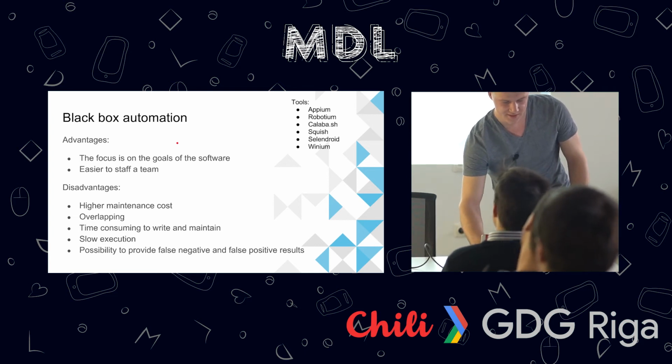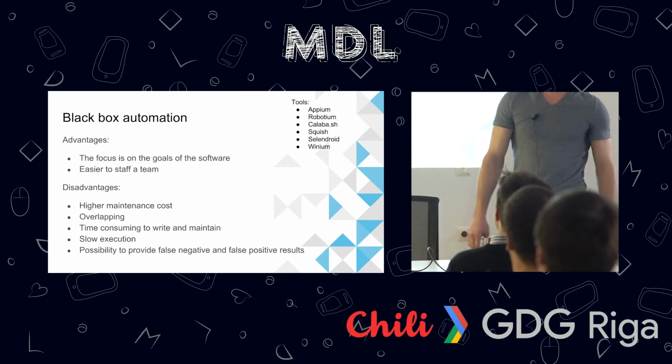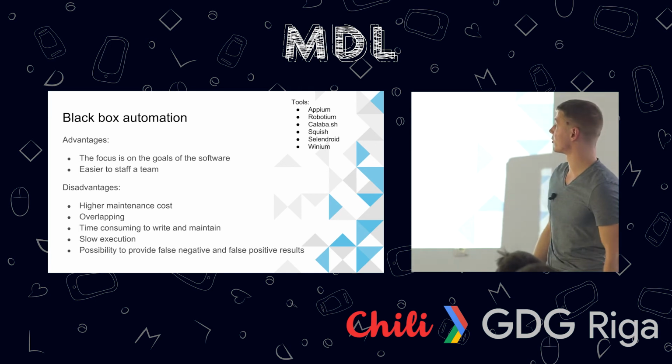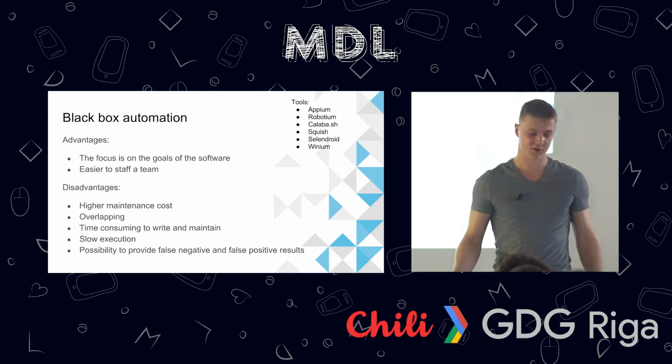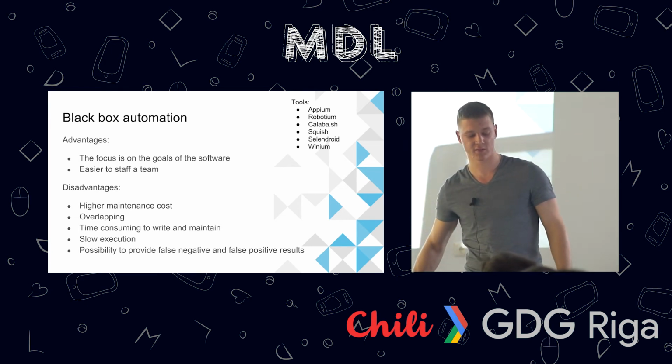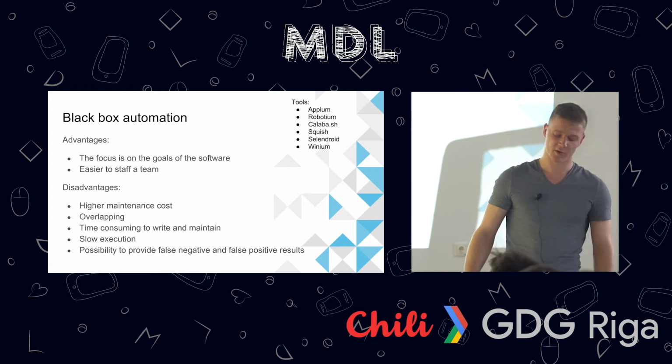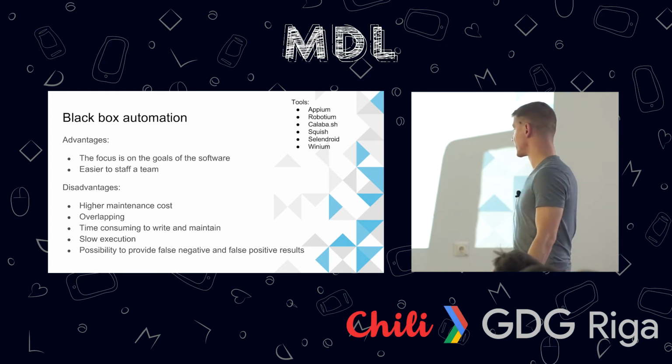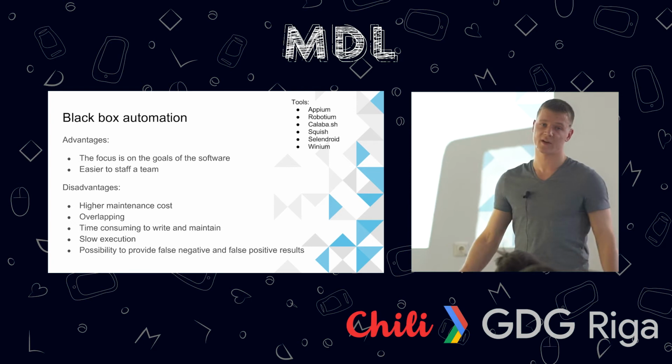And now let's see what the advantages and disadvantages of this kind of automation are. Yeah, as I mentioned, for Blackbox automation, the main focus is on the business requirements and end-to-end user actions. But there are some issues with this kind of automation too, in that some of the tests are overlapping.